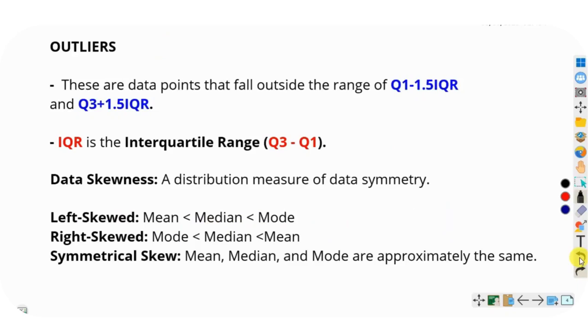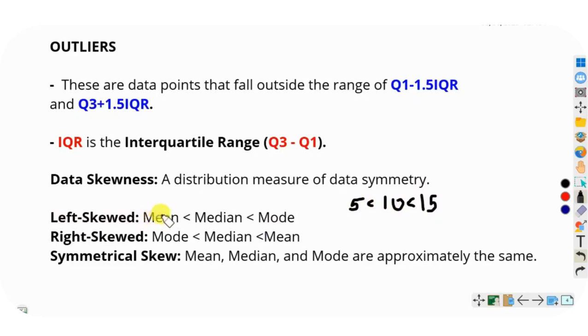And then if you are talking about right skewed, in this case the mode would be less than the median, which would be less than the mean. So you can also use values. For example, for left skewed, the mean is 5, the median is 10, and the mode maybe is 50.